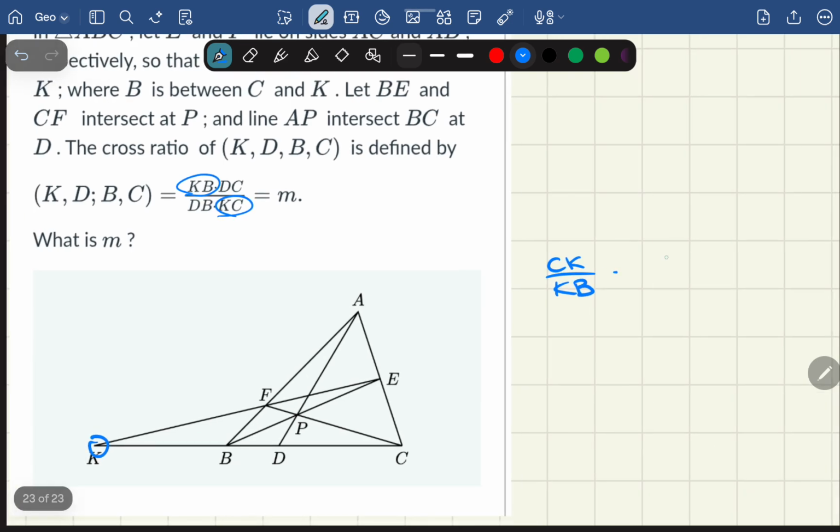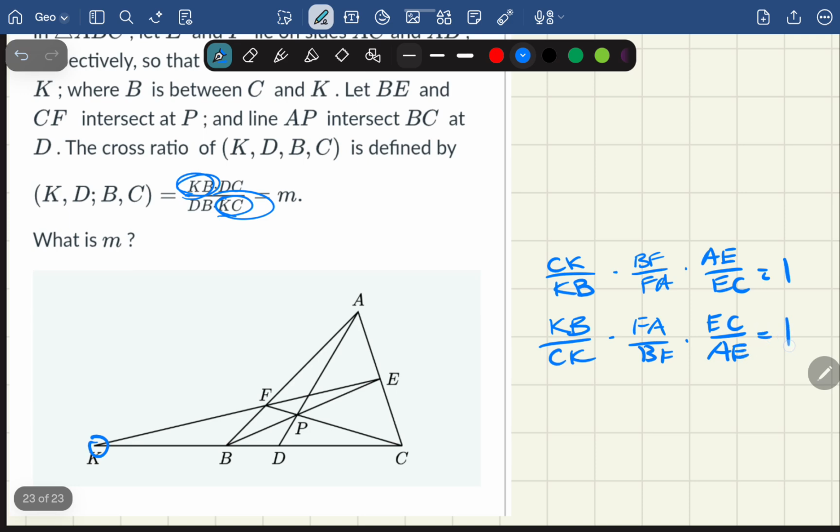CK over KB times BF over FA times AE over EC is 1. Now, it wants these on top and bottom, so maybe we should switch this up. KB over CK times FA over BF times EC over AE is equal to 1.